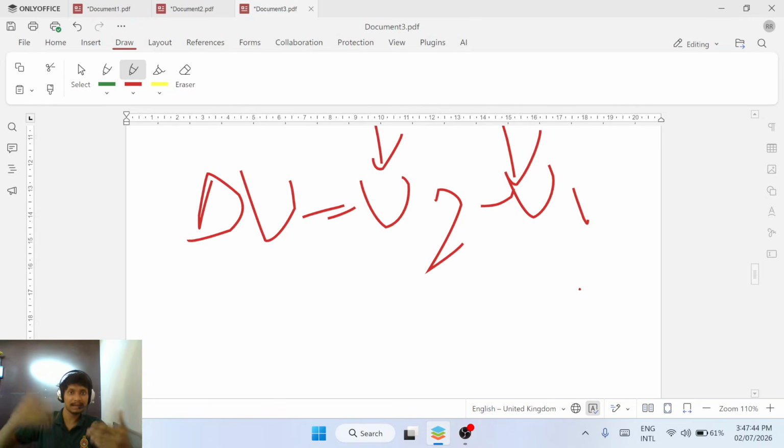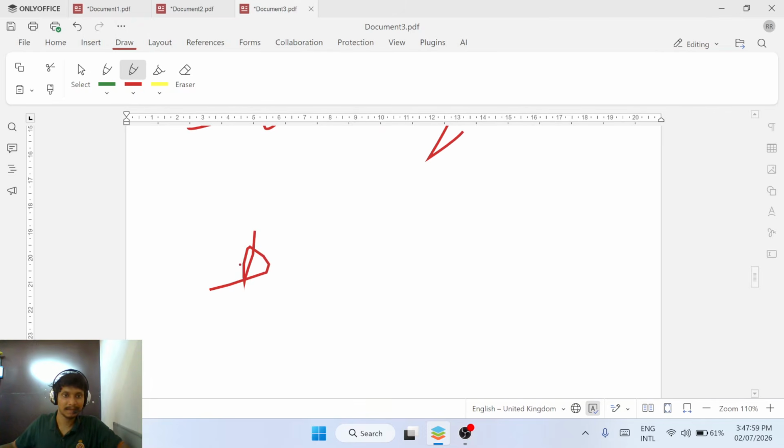If the final internal energy is higher than the initial internal energy, delta U will be plus.